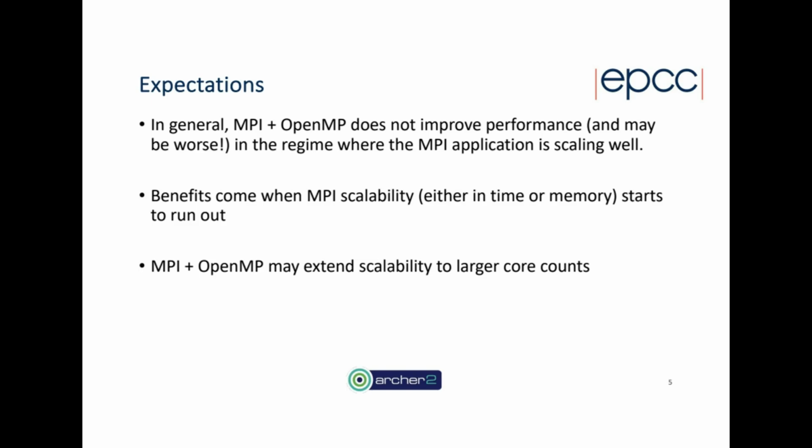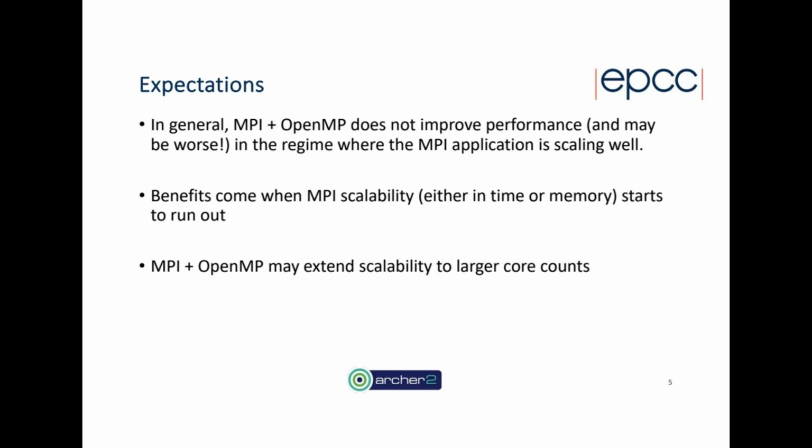So we have to really think about our expectations here, and think what can we potentially achieve and when. In general, mixing MPI and OpenMP is not going to really improve performance, and may actually be worse if we're in the regime where the MPI application is scaling well.